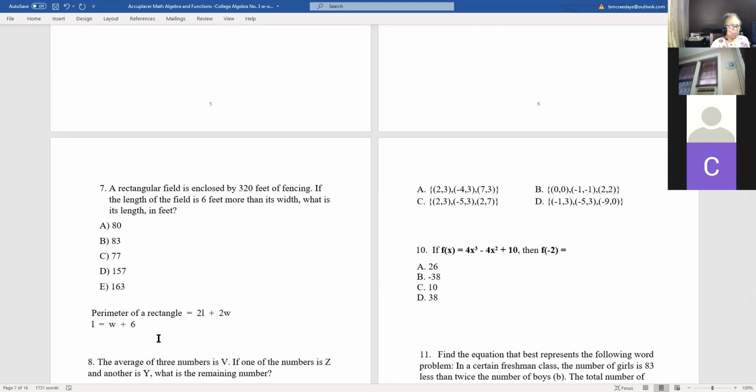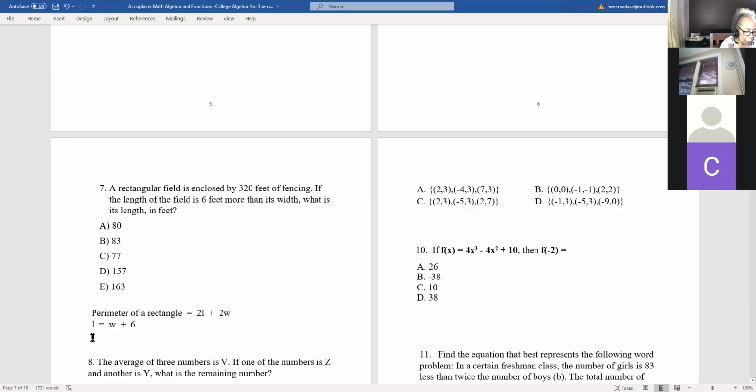Substitute in the perimeter. Substitute in for the length width plus 6. So you're going to substitute for the L here, width plus 6. Then you'll just have one unknown, and that would be W. Following me, Chastity?